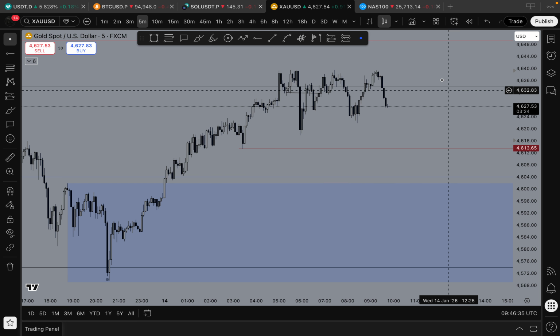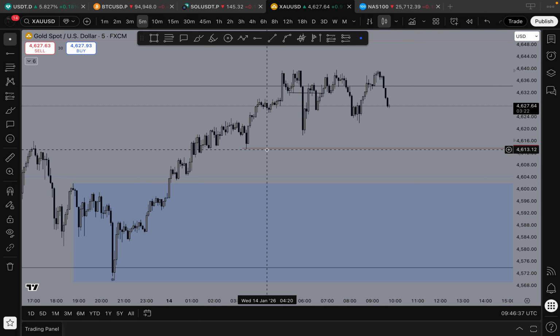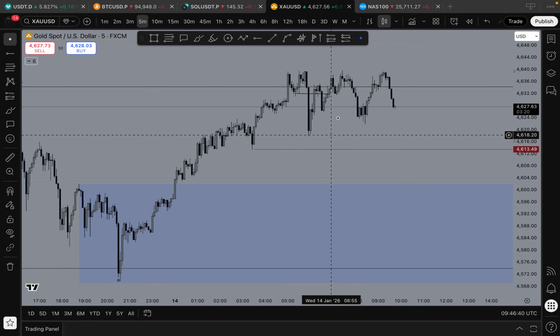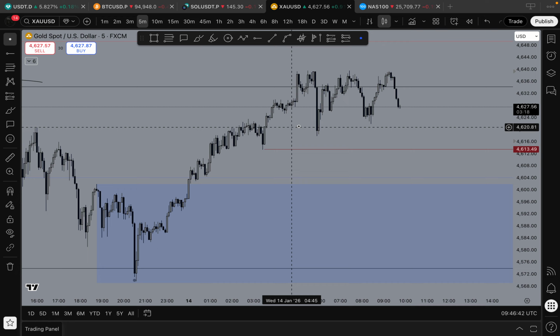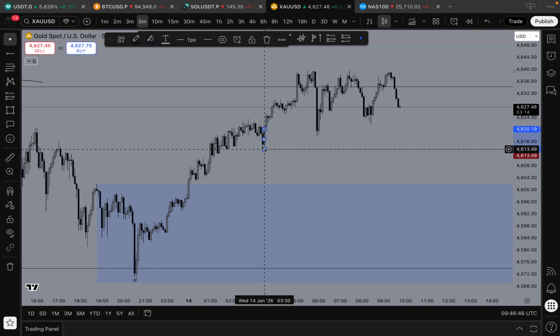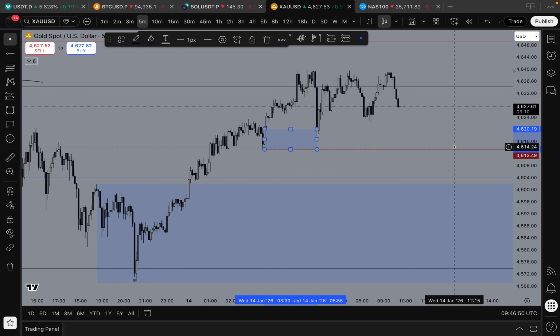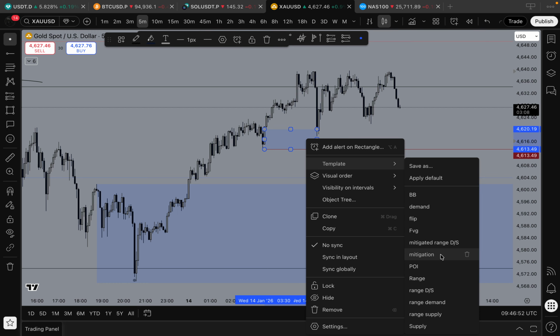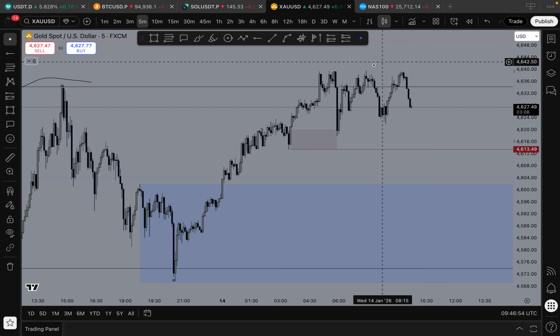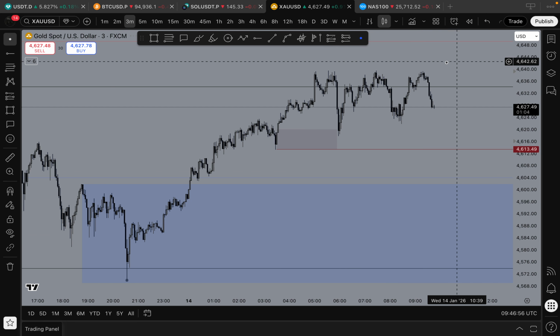But yeah, this is all pretty tight price action. So here we can see that the 5-minute OB got mitigated right here. So that's mitigation.